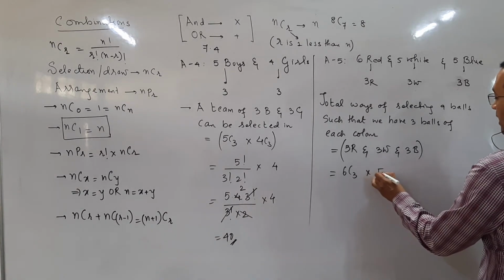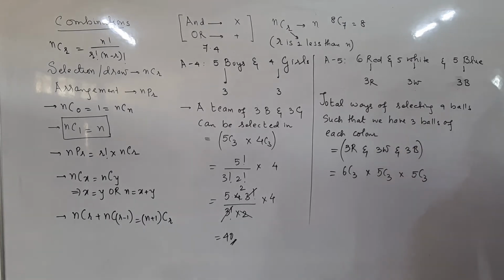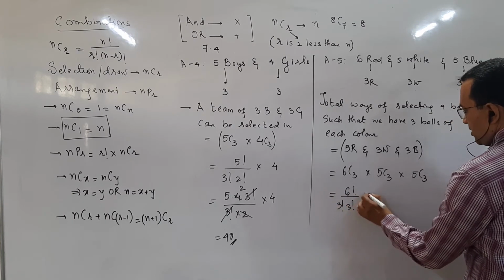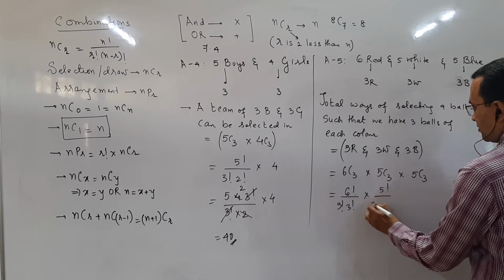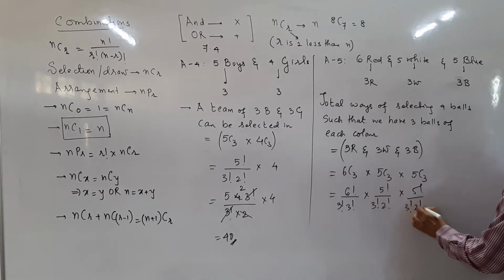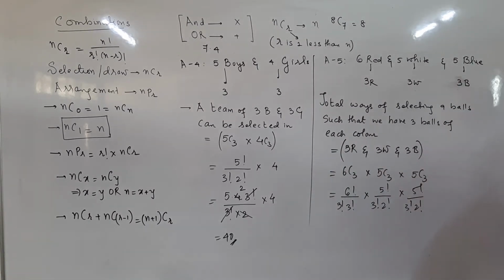From 5 white any 3, and means into, from 5 blue any 3. Now simplify this. So it will be 6 factorial upon 3 factorial into 3 factorial, 5 factorial upon 3 factorial into 2 factorial, 5 factorial upon 3 factorial into 2 factorial. Now students, by this time, all of you must be well versed in the application of the formula nCr.